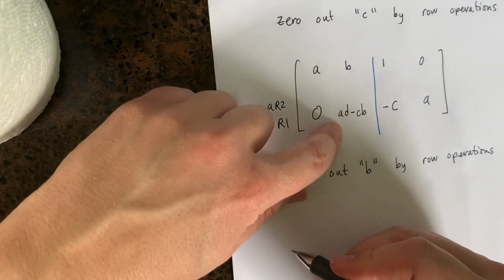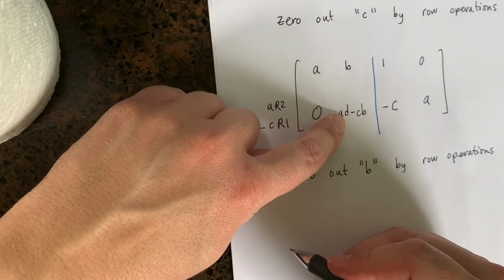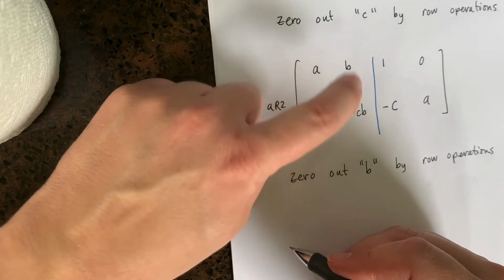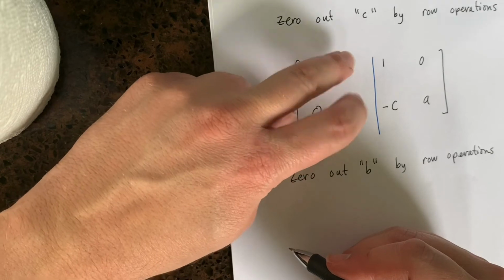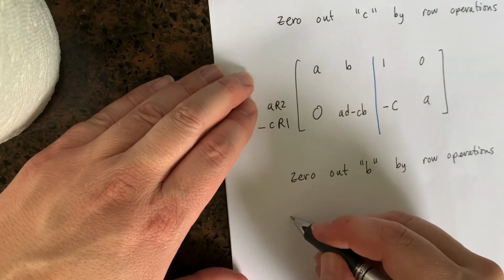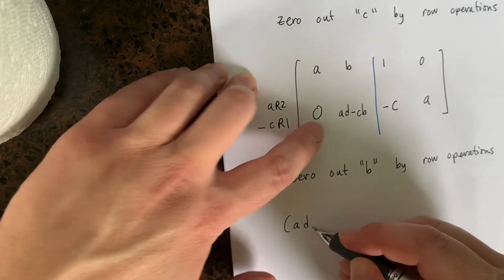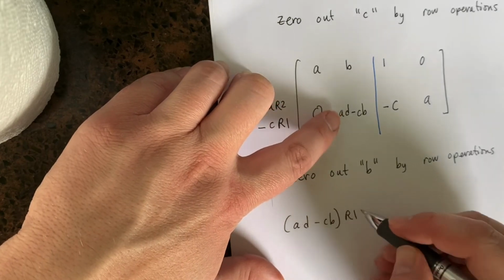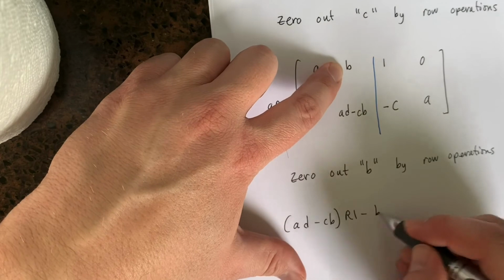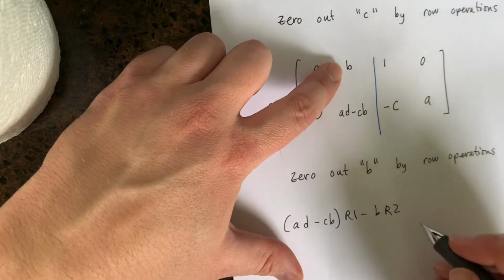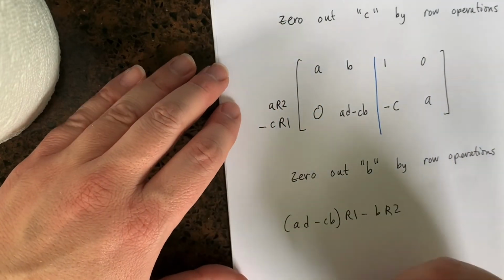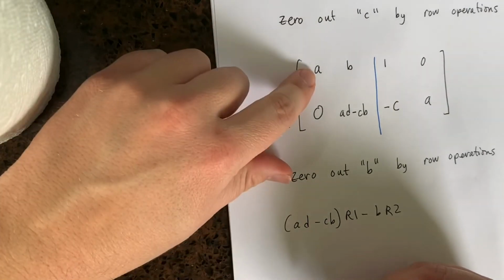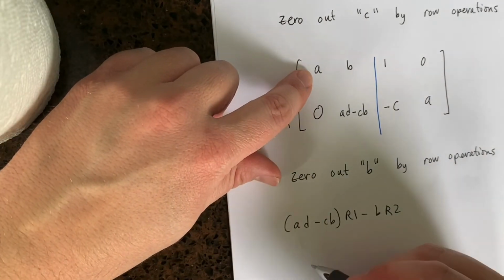We'll take this times row 1 minus this times row 2 and subtract them, and that should equal 0 there. In other words, this times row 1 minus this times row 2. I've got to do it to all of row 1.